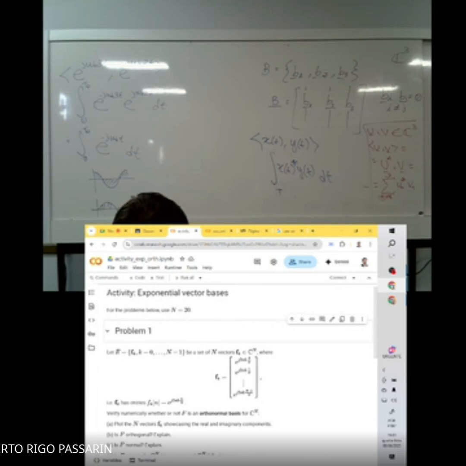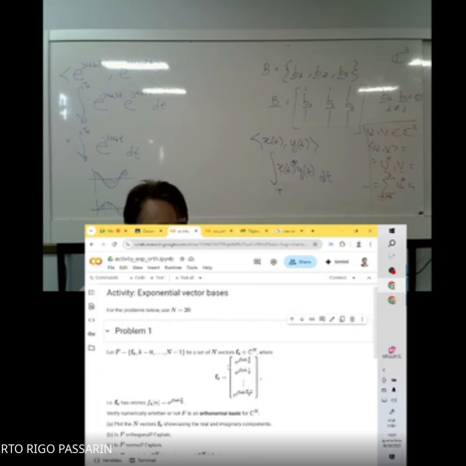Let F be a set of vectors, vectors F index K, with K going from 0 to n minus 1. So you have n vectors Fk. So F0, F1, F2, up to F19, 20 vectors.